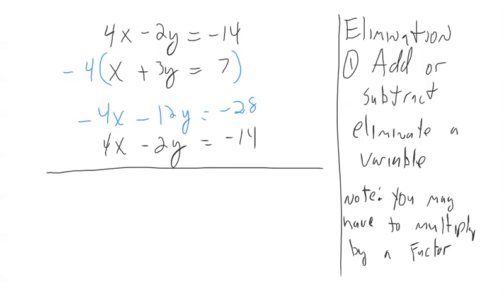And I now add these two equations. -4x plus 4x is 0. This is what you always want to happen. My x is gone. -12y plus -2y is -14y. And -28 plus -14 is -42.